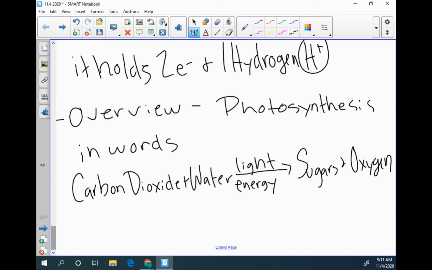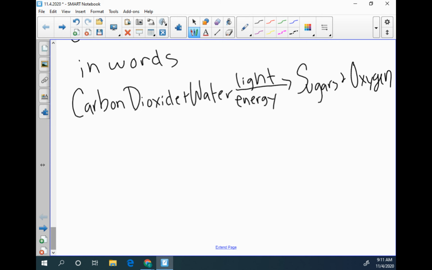That is the equation for photosynthesis. Carbon dioxide plus water with light energy gives us sugars and oxygen. But this isn't the way you're going to see it written. Usually you will see it written in symbols, because that takes a lot of time to write out, and it doesn't give us quite enough information.